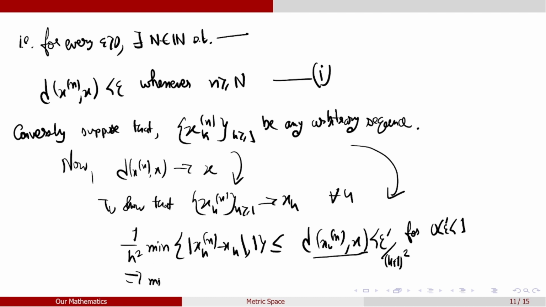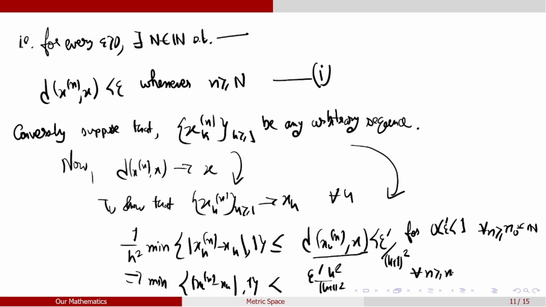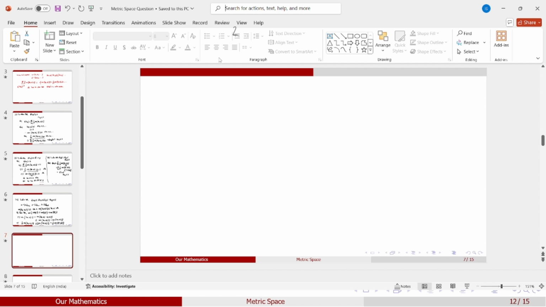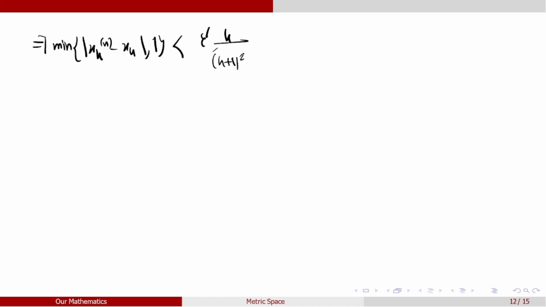This implies the minimum of |xkn minus xk| comma 1 is strictly less than k square by (k plus 1) whole square times epsilon prime, and this is true for all n greater than or equal to n naught, where n naught is a natural number.